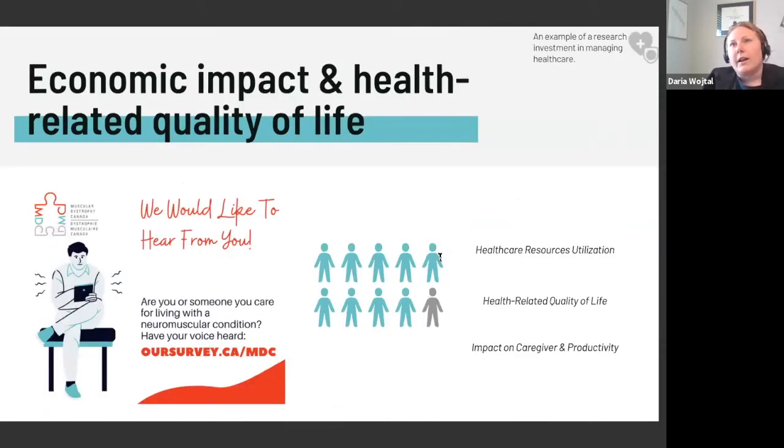So for the third aim, this is an example of our investment in managing healthcare types of studies. Some of you may find this slide familiar. You've participated in our economic impact for health-related quality of life survey. This survey really aimed to lift the experience of those personally affected by CMT as well as their caregivers to understand health resource utilization, both from a medical side, but also from an indirect side.